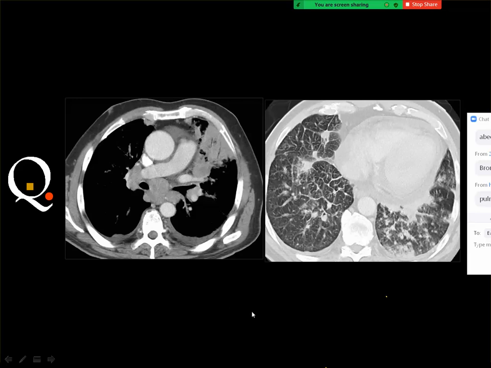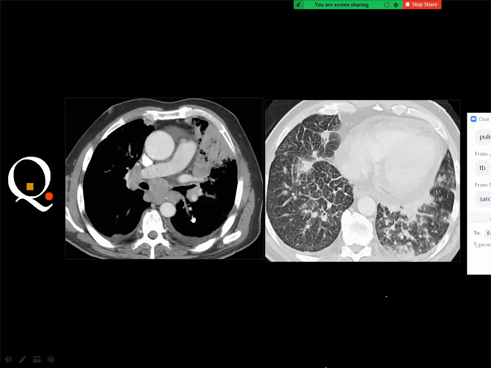Pulmonary embolism. This is lymph node, and this is also lymph node. Then I usually emphasize this appearance not to be mistaken for pulmonary embolism, especially on the right side.